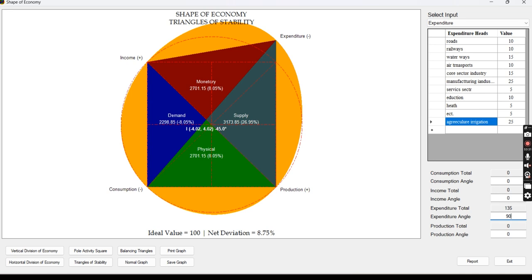Now, how the transfer value of income, because expenditure, if there is an outflow, there has got to be inflow somewhere. Expenditure has to be converted into income.